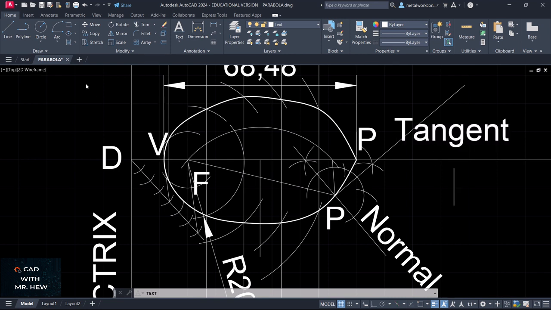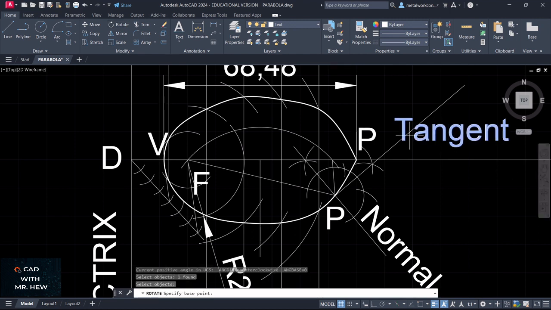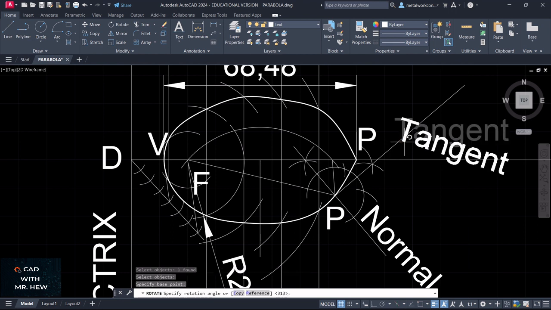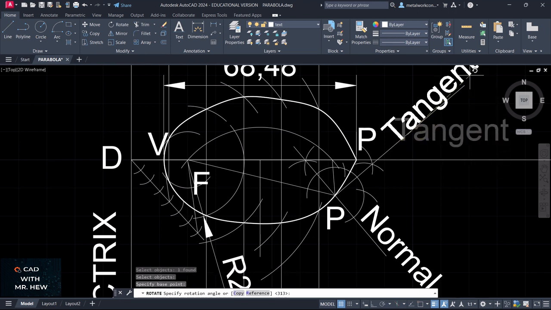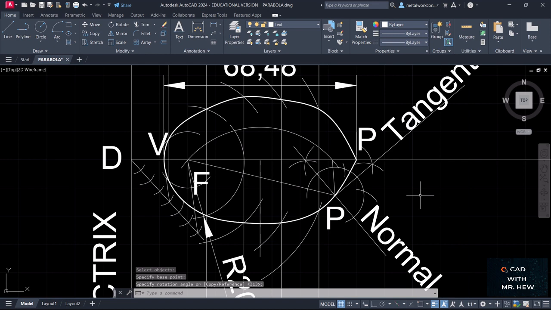All right, we're going to rotate it so it is in the same direction as the line. So I'm looking for rotate, enter, base point right there. All right, so that's our tangent.